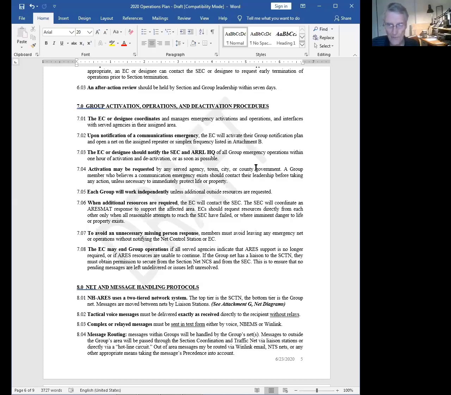But in all of New England, counties are kind of irrelevant. And counties are less relevant in some states than in others. But if we refer to it as the group level, as opposed to the section level, I think that's a lot clearer. So throughout the plan, you will now see reference to group instead of county.